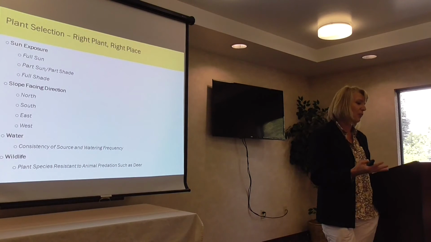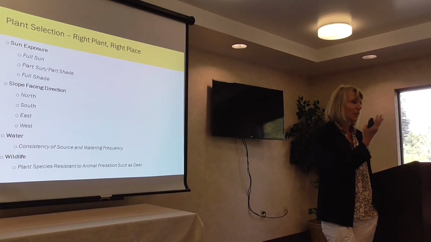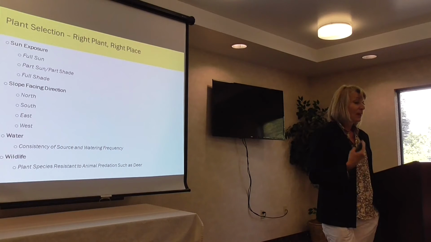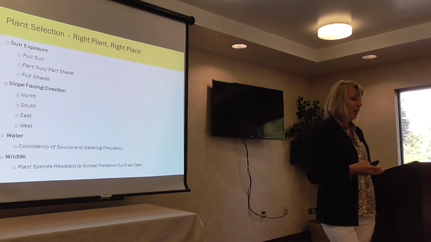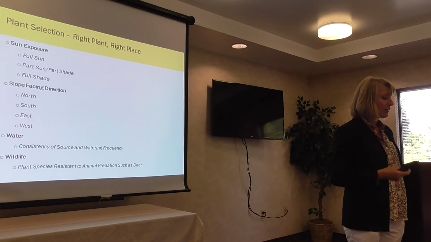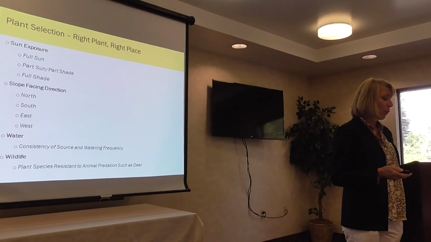If we're using plants for this area, that it shouldn't be an issue. Sun exposure, what I was just talking about, full sun, full shade, slope, how it's facing, consistency of the water source, and wildlife.